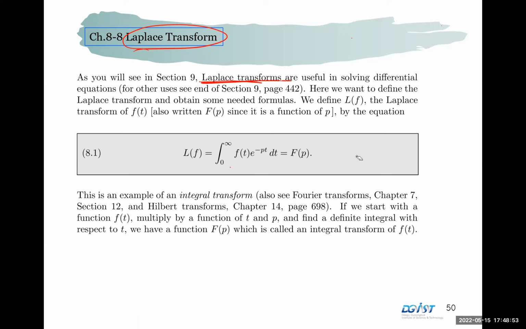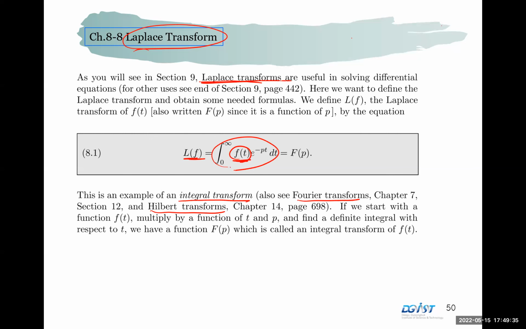So we say this is the Laplace transform of function f, a function of time, and the obtained result is a function of p, and we use capital F for the transformed function. As I said, this is one example of the integral transform. We already learned the Fourier transform, and we will learn the Hilbert transform if we have time. Depending on the function, this integral can be easily solved.